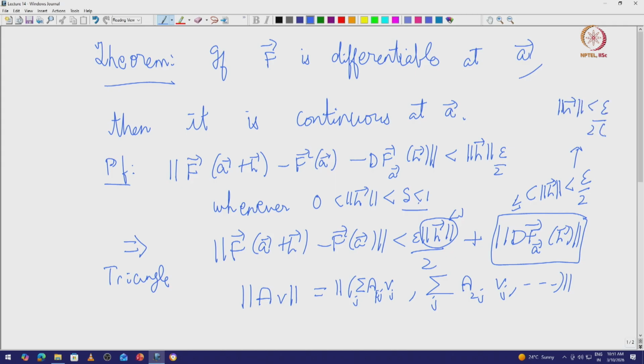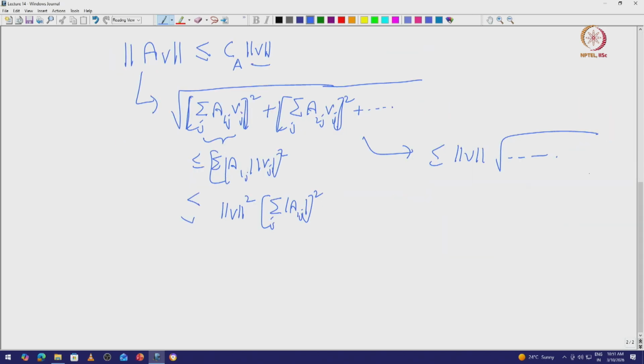So in other words, you want h to be simultaneously less than delta and epsilon by 2c, which is easily arranged. You simply take the minimum of these numbers, and if norm h is less than these numbers, then surely this is less than epsilon divided by 2 plus epsilon divided by 2, which is equal to epsilon, right? So this proves that differentiability implies continuity.